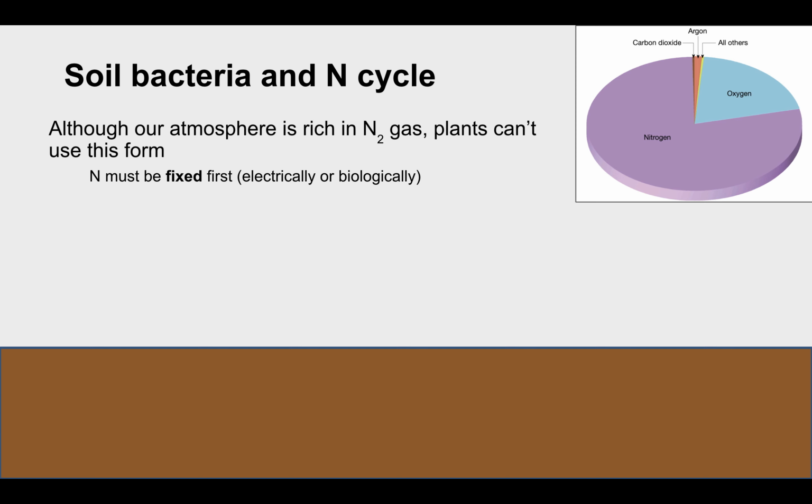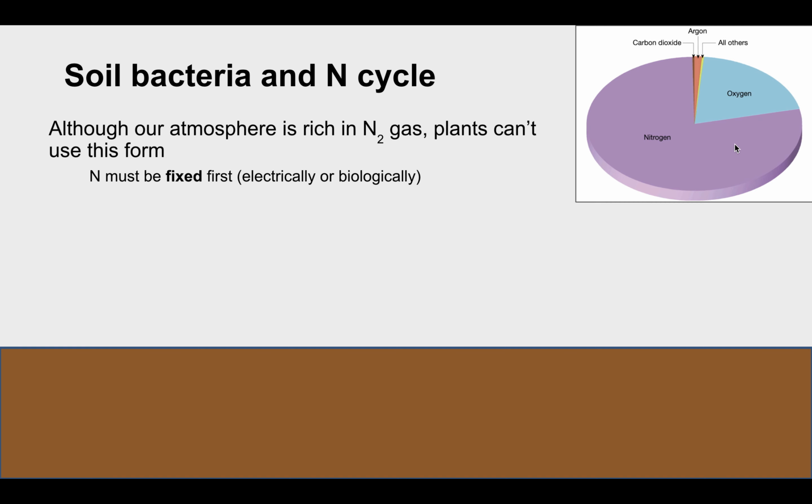Fungi are not the only organisms that can have a beneficial relationship with plants. There are other organisms, like soil bacteria, that can help the plants obtain nutrients. Now, if we look at the atmosphere and all the gases that we might find, we can see in our little pie chart here that nitrogen is really abundant.